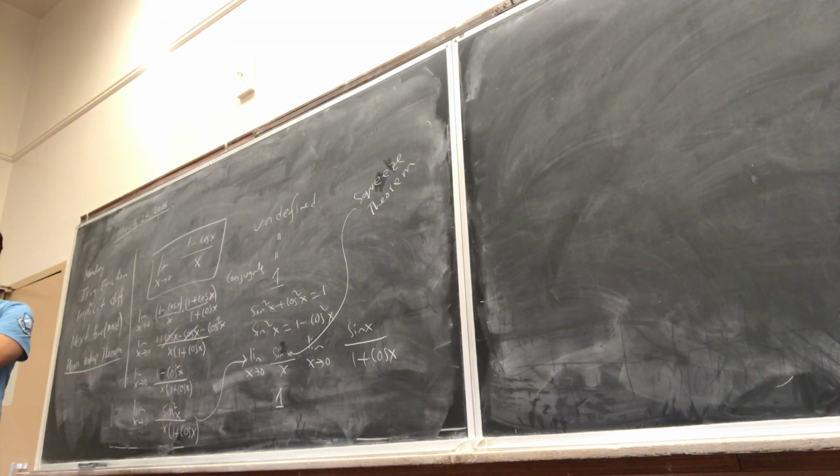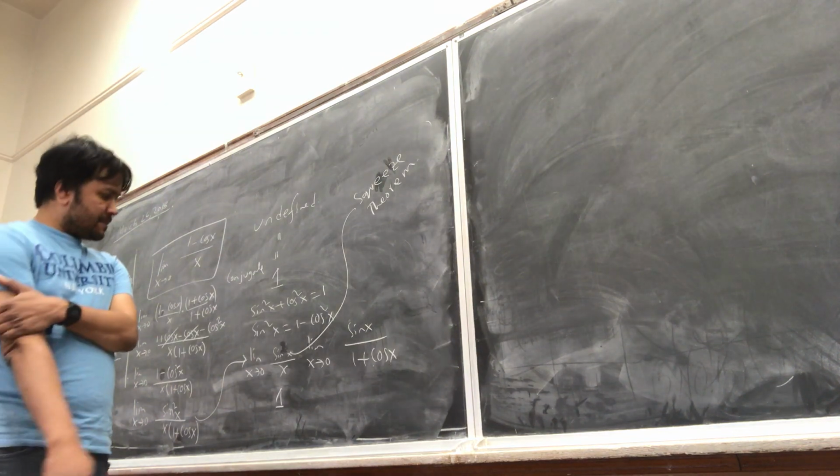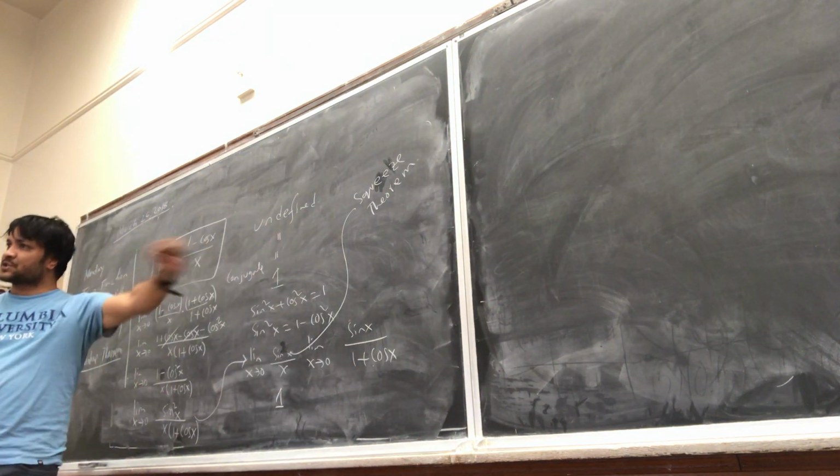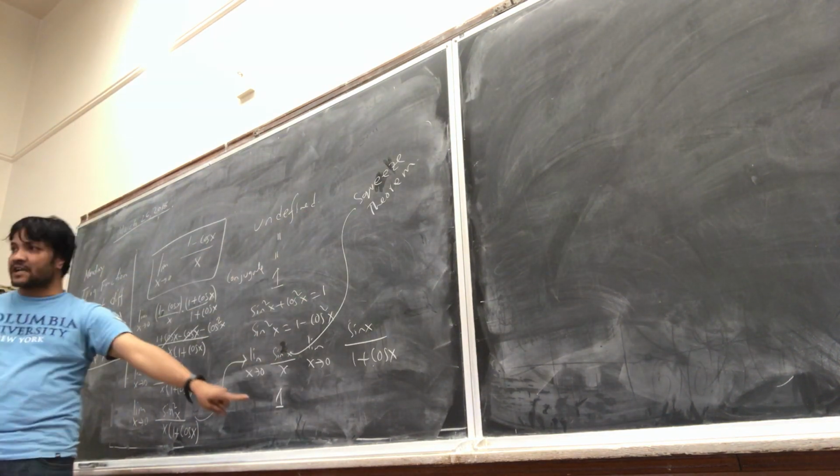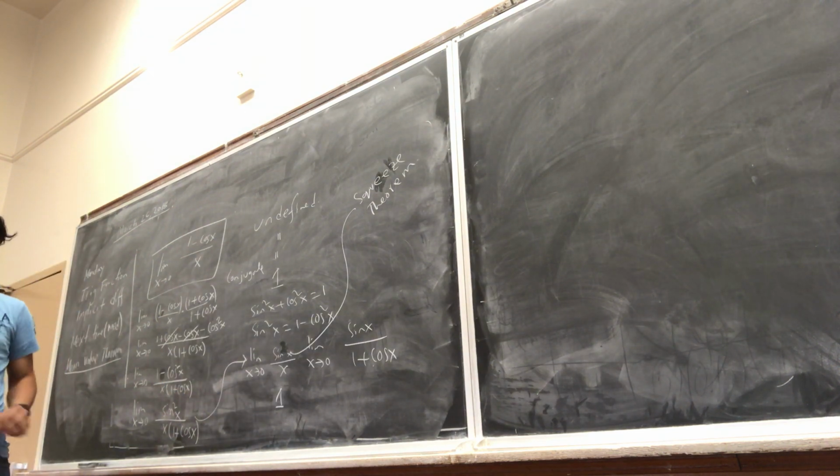What is the squeeze theorem? Let me finish this, then I'll explain it. Let's just take it for granted now, just believe that it is 1, and once we finish this, we will discuss the squeeze theorem for a second.